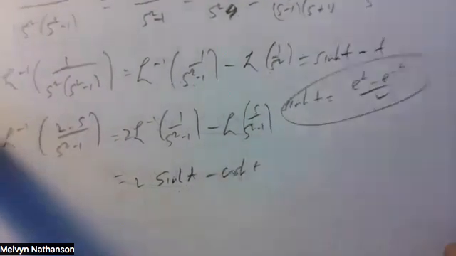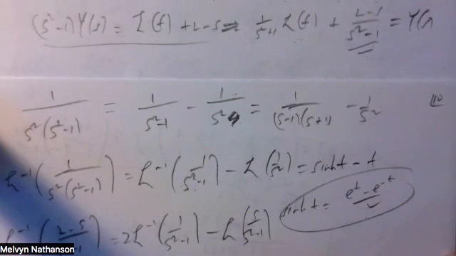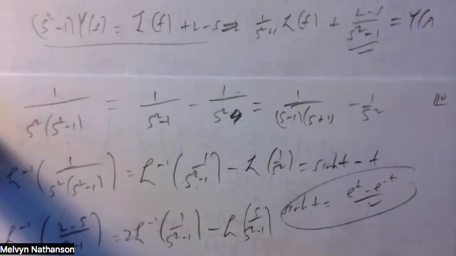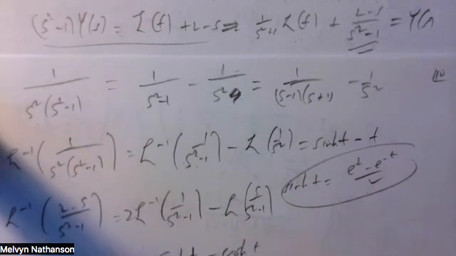So if you put all this together, what do we have? Where was my y of s? So y of s was 1 minus e to the minus s times 1 over s squared times s squared minus 1, plus 2 minus s over s squared minus 1.